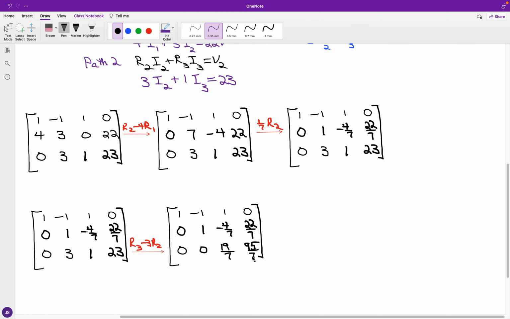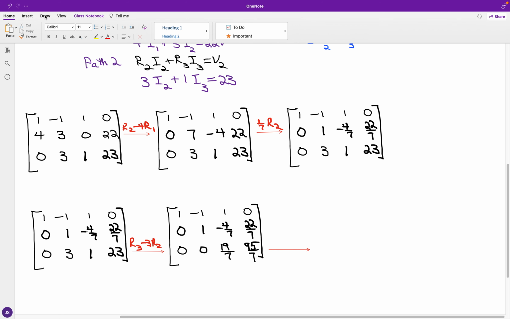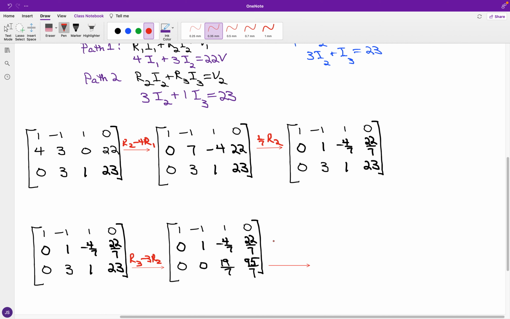95 sevenths. And following through, now I can make this 19 sevenths into a 1. So just multiply the last row by 7 19ths.